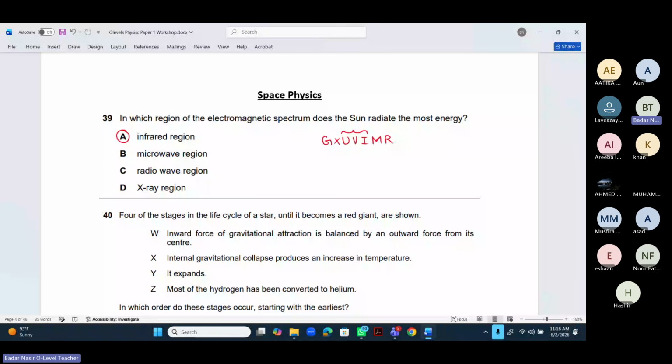Where in the solar system is the asteroid belt? So asteroid belt हमारे पास किसके दरमियान होती है? Between Mars and the Jupiter.